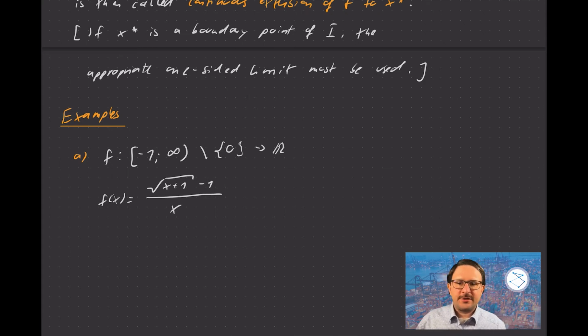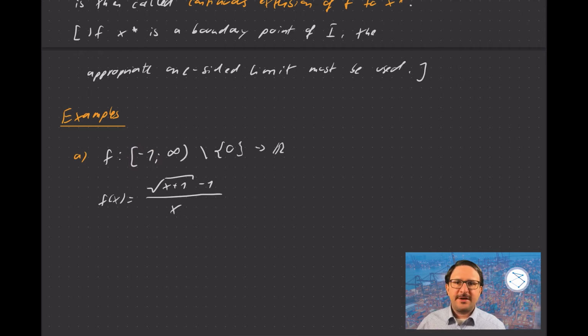So this function is obviously not defined at 0 because we would divide by 0 here. And it's only defined as long as this argument is non-negative. That's why this minus 1 here is the left boundary of the interval.